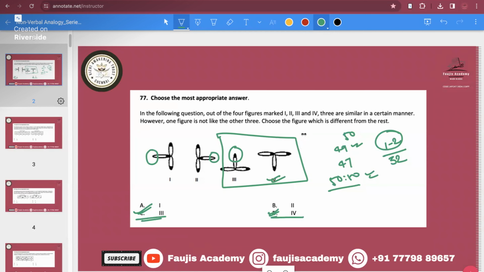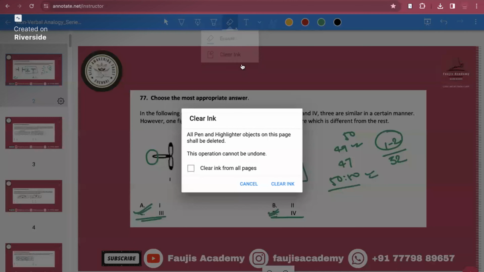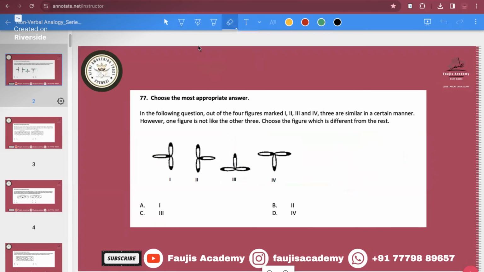Any argument from your side? I'm ready to listen. I'm ready to change my mind. What do you think? Tell me, yes or no. What is your mindset? What is your line of reasoning? Is this line of reasoning where in option number 3, at least one of these shaded ones is in the center?